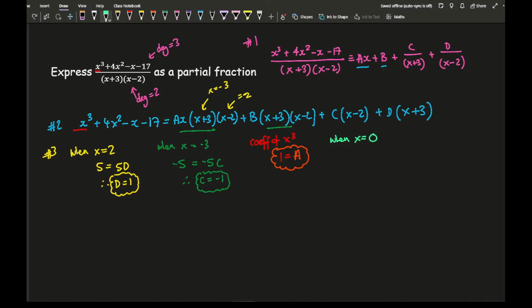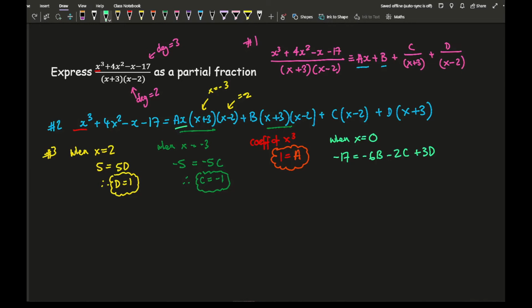So when x equals 0, nothing's going to disappear. What I'm going to end up with is minus 17 on the left hand side, and minus 6b minus 2c plus 3d. Now you may be asking, where's the a gone? Because a is being multiplied by x, and if x is 0, then that's going to be 0, multiplied by 0 gives you 0. So that's why a has disappeared.